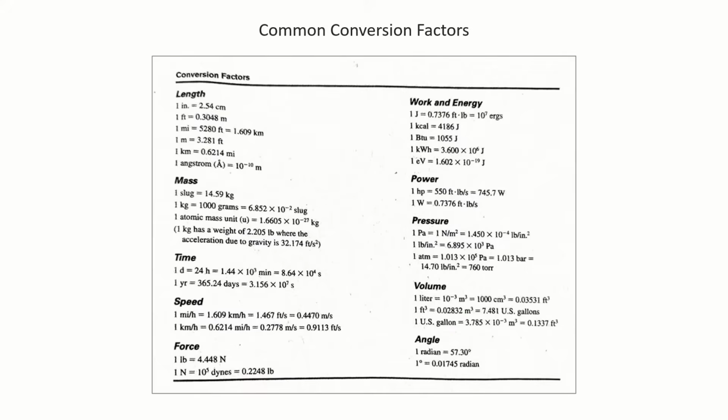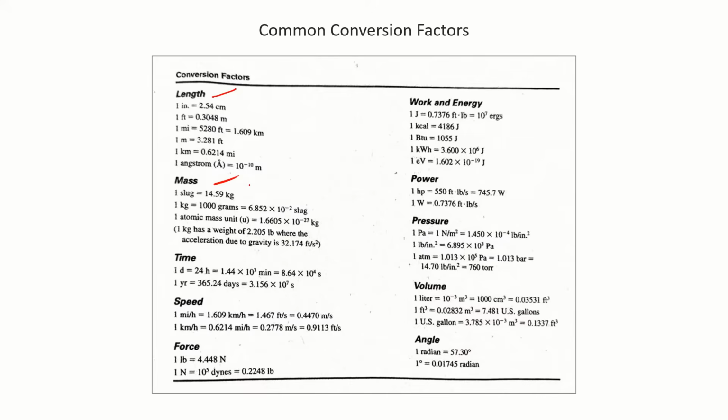The following are the common conversion factors. As you can see, these are the equivalents between one unit and another unit of the same physical quantity. For example, here are the different units that describe the dimension of length.